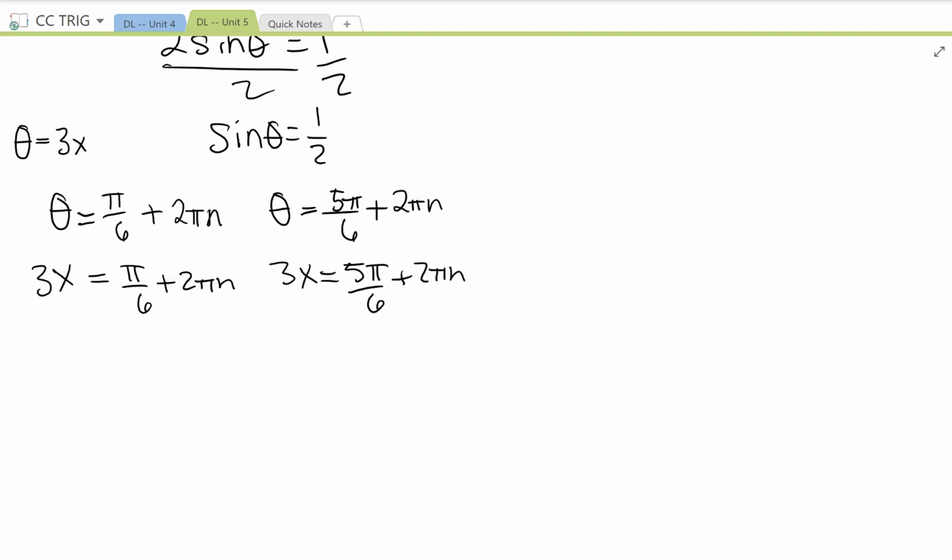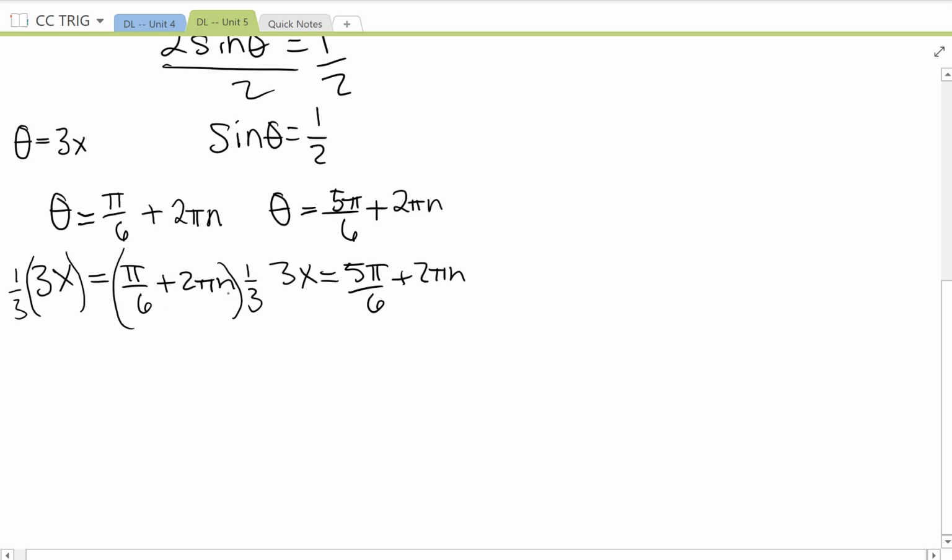And there's only one more step to solve for x. That's divide by 3 on both sides. Instead of writing it as dividing by 3, I am going to multiply by 1/3. Same thing.